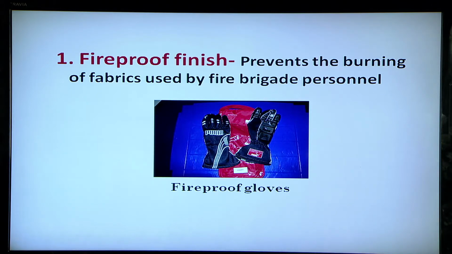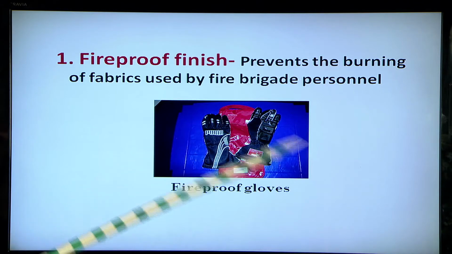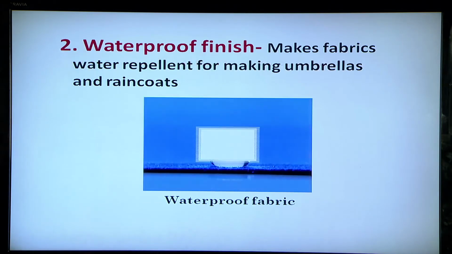The fabrics produced by fireproof finish application are suitable for fire brigade personnel. As you can see, these are the gloves which have had the fireproof finish applied. The second is the waterproof finish, which makes the fabrics water repellent and is suitable for making umbrellas and raincoats.